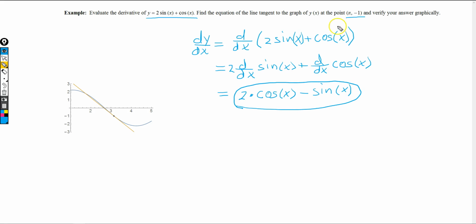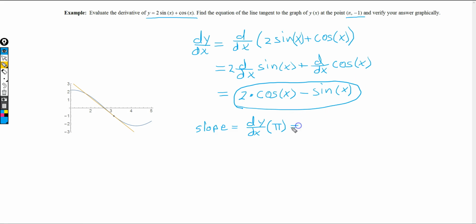Now to find the equation of the tangent line at the point pi, negative 1, well, we have to find the slope. So the slope of our tangent line is going to be dy dx evaluated at pi, the x-coordinate of that point.